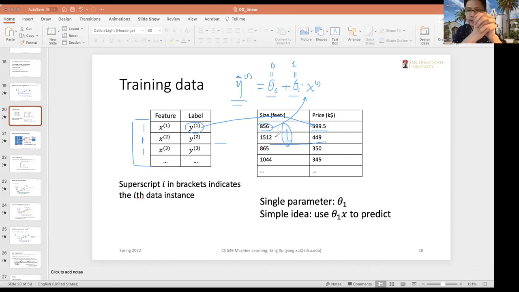It seems like a bad prediction because it's very far away from the actual price. So when we change thetas, the y hat will change, right? But our goal here is to find the best theta 0 and theta 1 so that the difference between the y hats and the y is minimized.